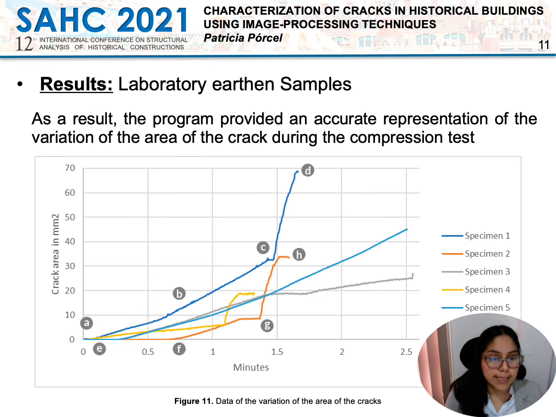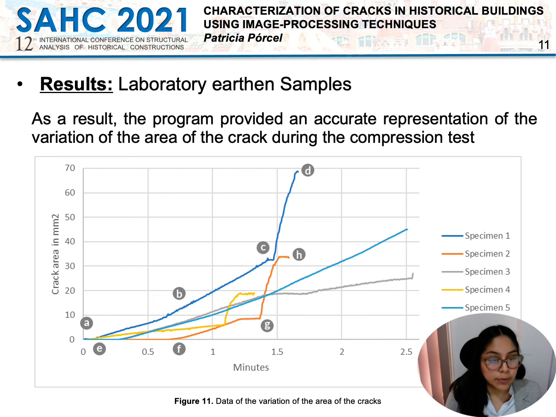This program has as an output the variation of the area of the cracks through an Excel file. And we are able, with that data, to get these types of graphs where we can see how the area of the crack has increased and decreased through time. For example, for specimens 1 and 2, we can get an accurate representation of where the point of rupture was and when the integrity of the specimen starts to drastically change.